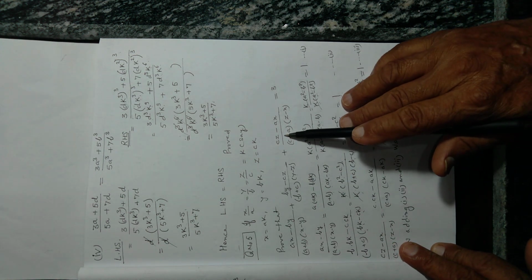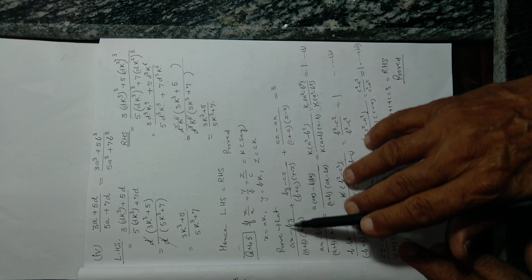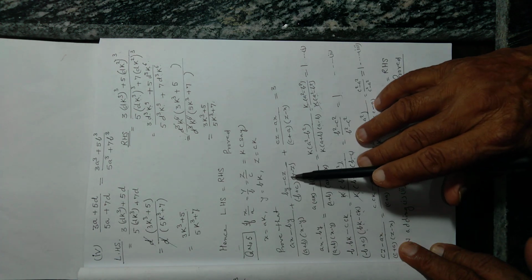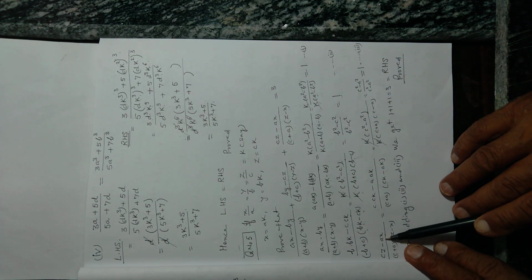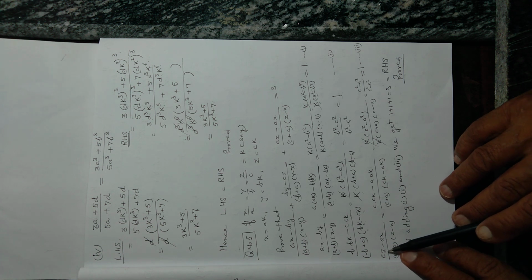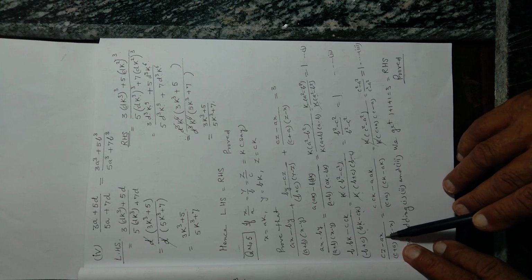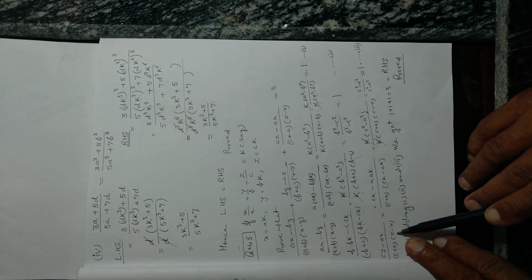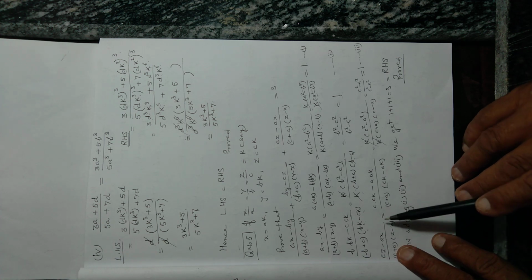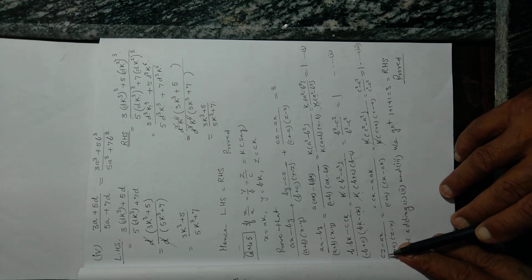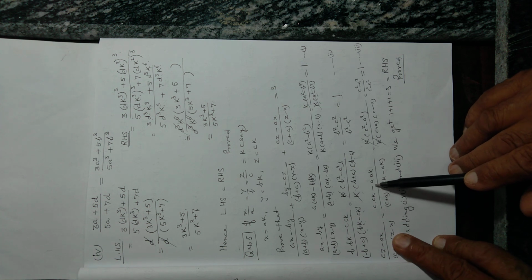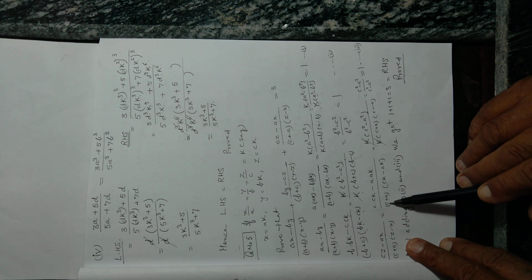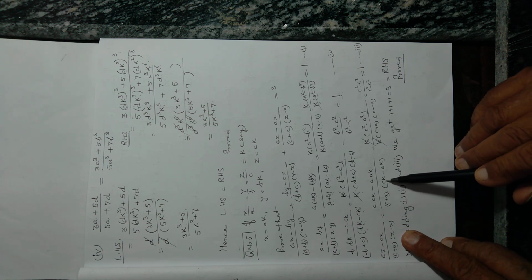Similarly, for the third part, I have split the left hand side into 3 parts, that is first term, second term, third term. So for the third term I have solved here cz minus ax upon c plus a in the first bracket, in the second bracket z minus x. Now express z in terms of ck. This is c into ck. For a as it is, for x I have written ak, c plus a as it is. For z I have written ck.